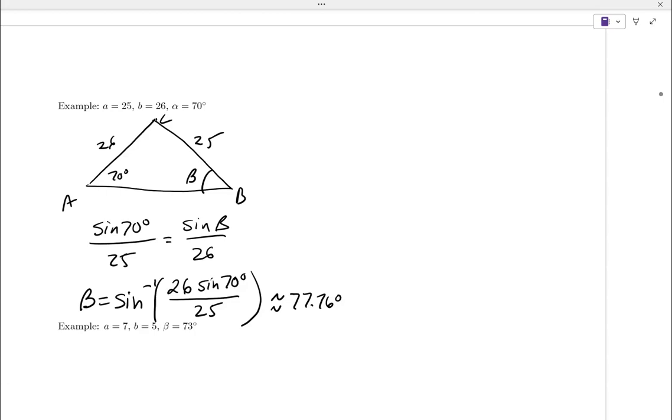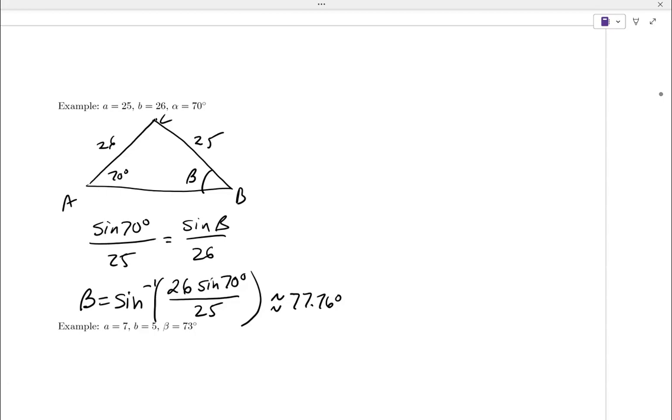Always. It's the supplement, 180 degrees minus that angle. It'll always give you the same sine, okay? So anytime we use the law of sines to find an angle, we always need to check if there's a second triangle.